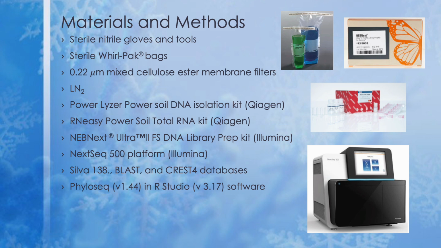The samples were immediately frozen and shipped using liquid nitrogen and stored at -80 degrees C until analyzed. Total DNA and RNA were extracted from the filters with the PowerLyzer PowerSoil DNA isolation kit and the RNeasy PowerSoil Total RNA kit, following the manufacturer's instructions.